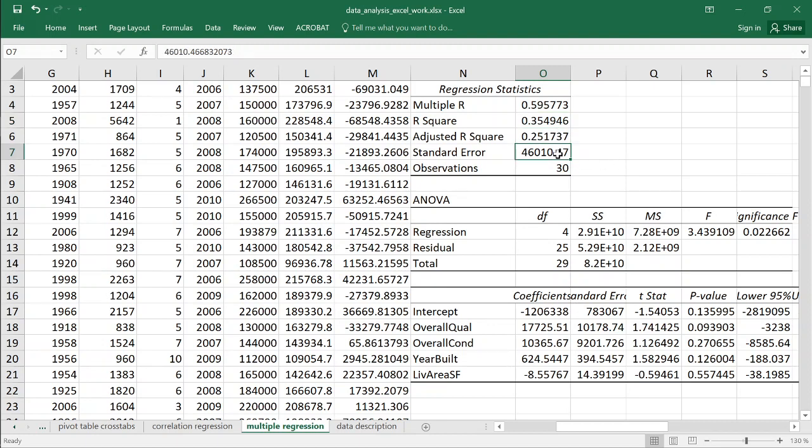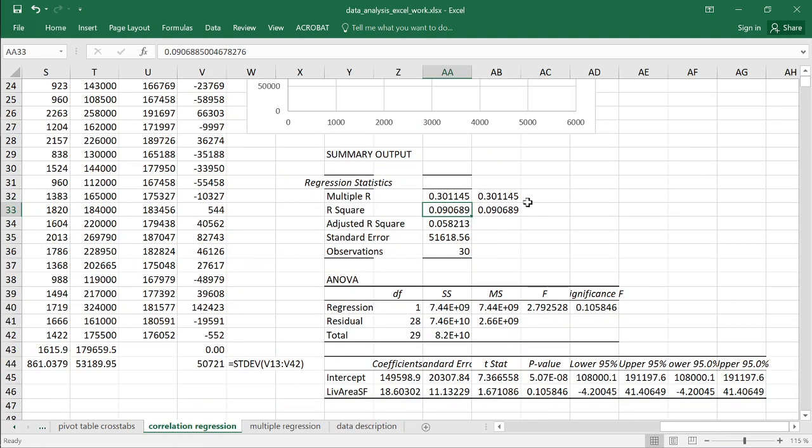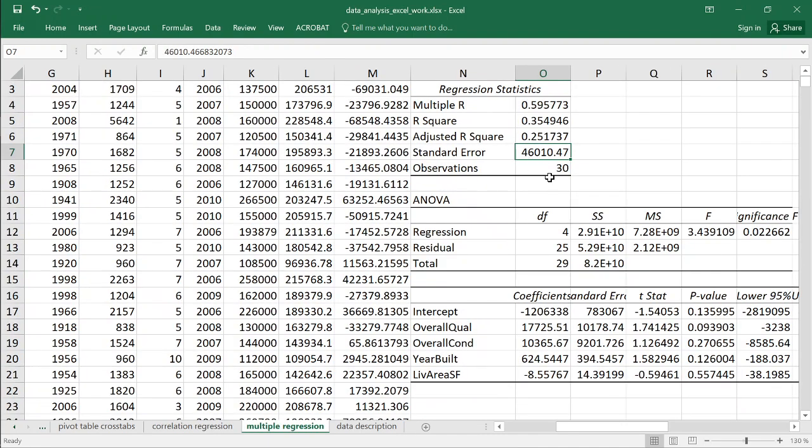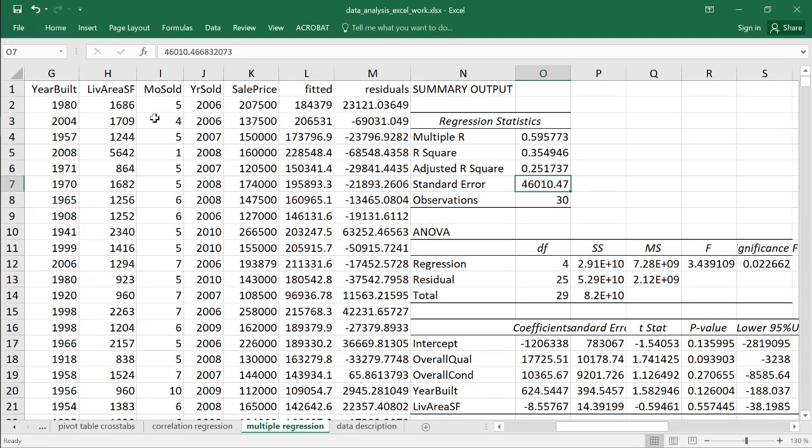And as I already said, the standard deviation of the errors has improved from something like 52,000 to around 46,000.